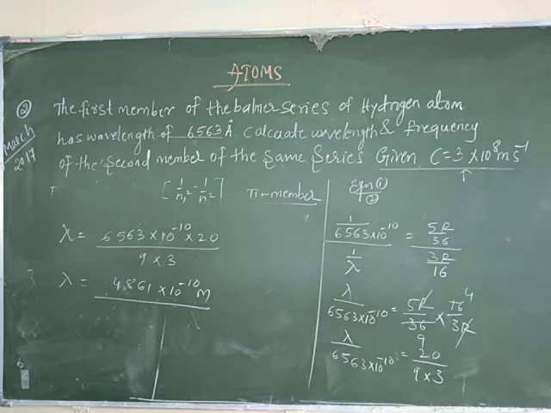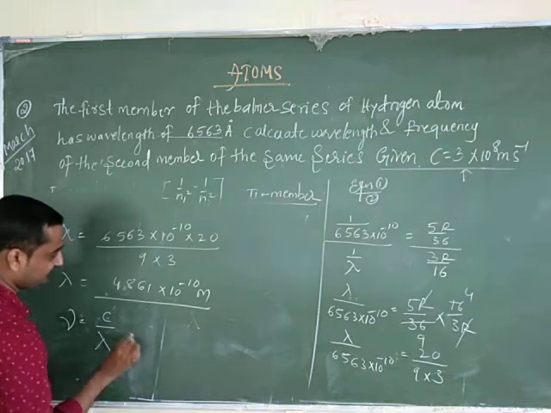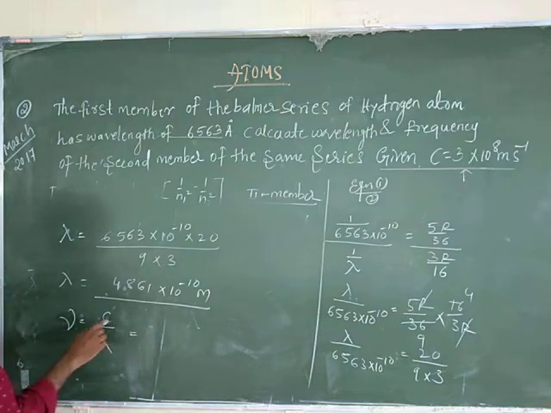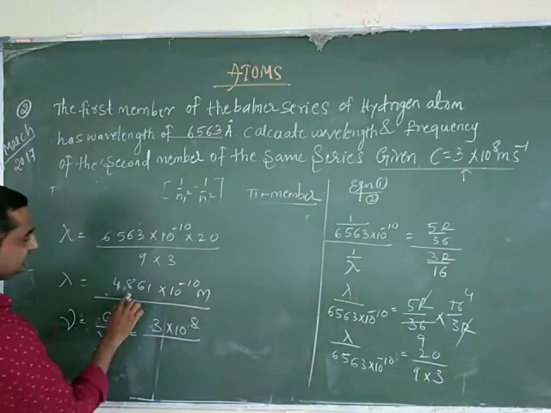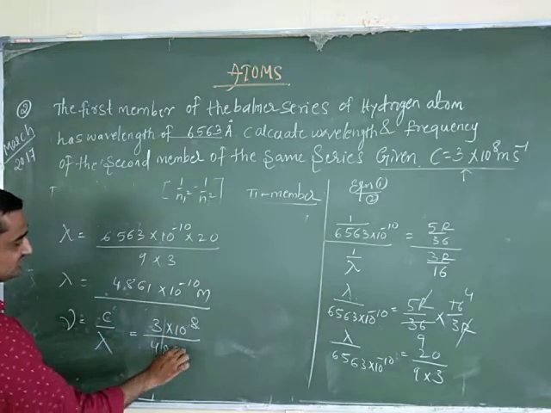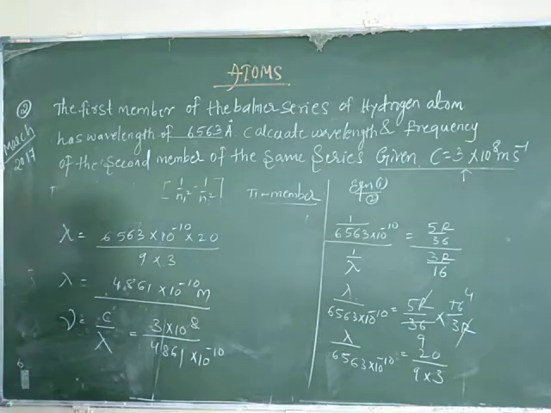Now we can calculate the frequency. Nu is equal to c divided by lambda, that is 3 into 10 to the power 8 divided by 4861 into 10 to the power minus 10.